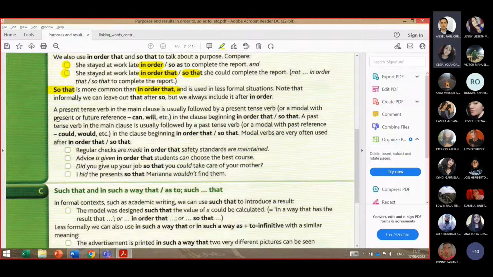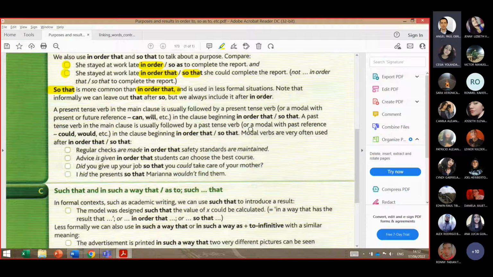¿Qué más podemos revisar aquí? Dice, a present tense verb in the main clause is usually followed by a present tense verb. Ya, usualmente, ¿no? En el tiempo presente, la cláusula principal, ¿sí?